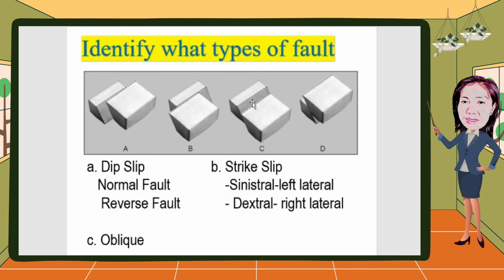Next, how about this model? Letter C. What happened is the other plate or rock moves upward. So what type of fault movement is this? Is it dip slip, strike slip, or oblique? It's what we call as dip slip. But what particular dip slip?